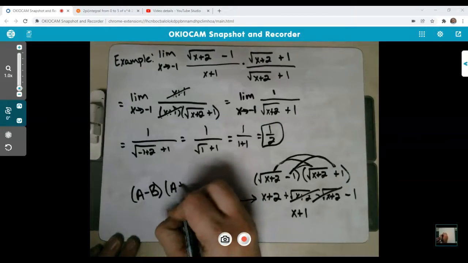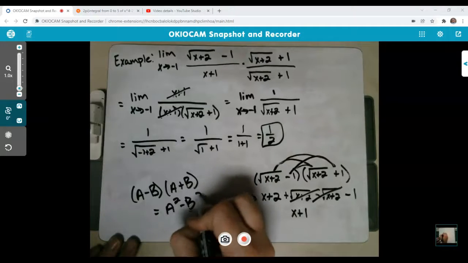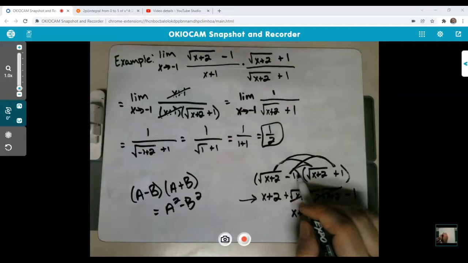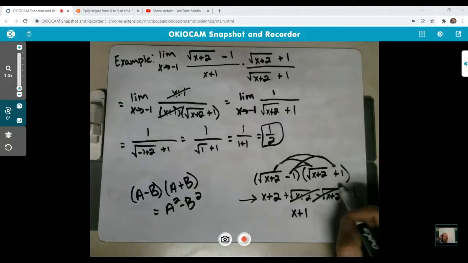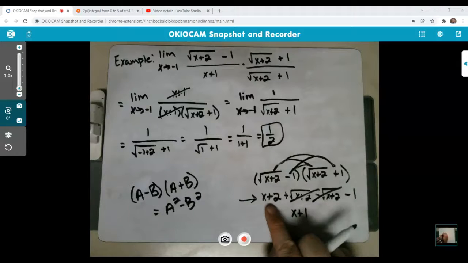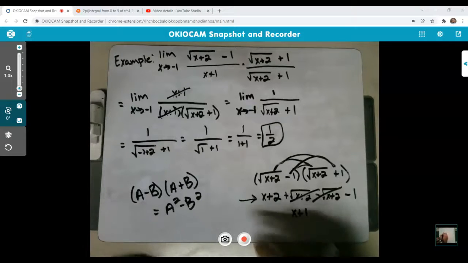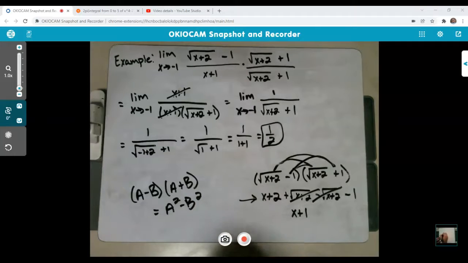A minus b times a plus b is equal to just a squared minus b squared, which is exactly what happened here, right? I had something minus a thing, and there were the same two terms over here, except my sign changed. So I can just square this, which gave me x plus 2, minus, and then square the 1. So 1. So that's actually why we do this, so that I can use that trick and just get rid of those square roots.